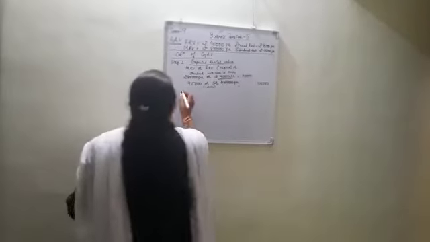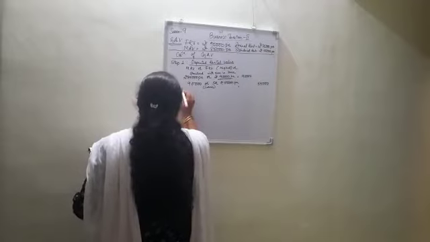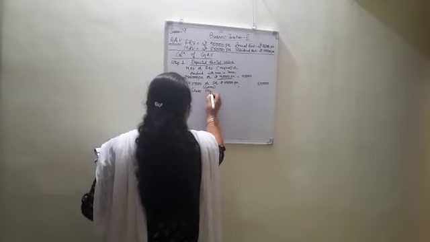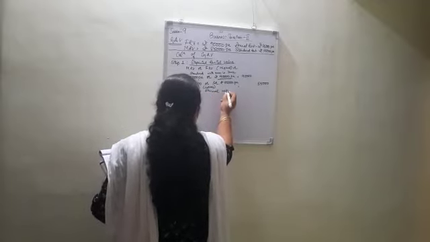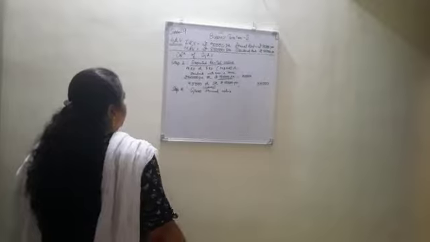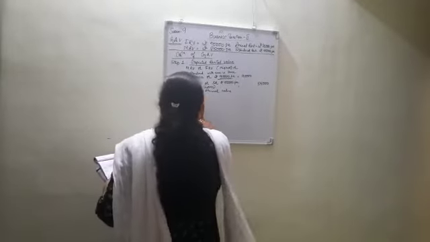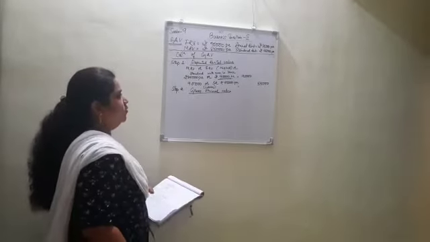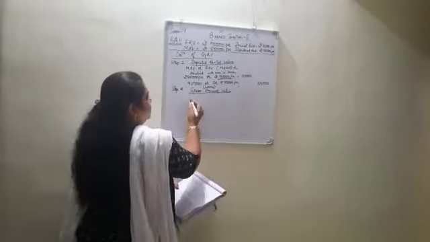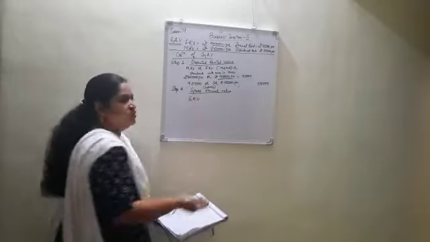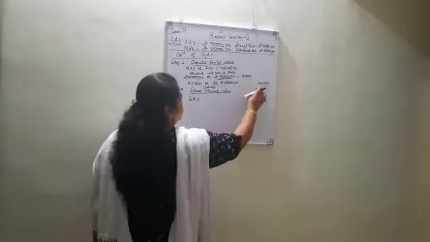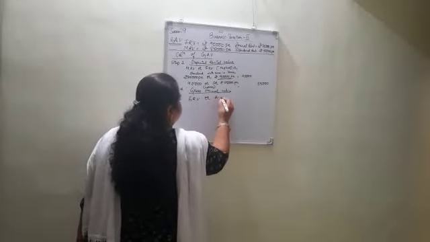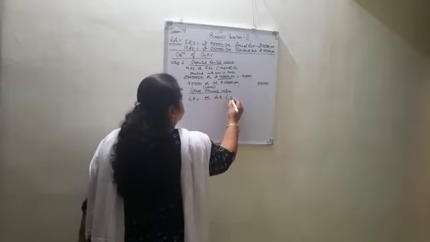Now coming to the second step, step 2. In step 2, we will be calculating the gross annual value. In the process of calculating the gross annual value, you are supposed to take the expected rental value, which has already been calculated here, 55,000, or the actual rent, whichever is highest.